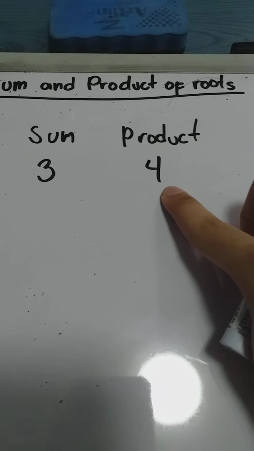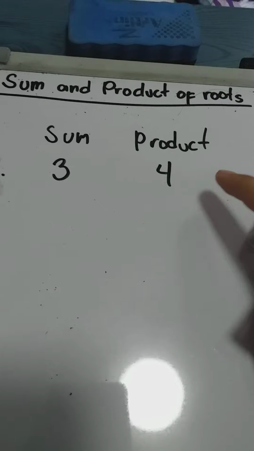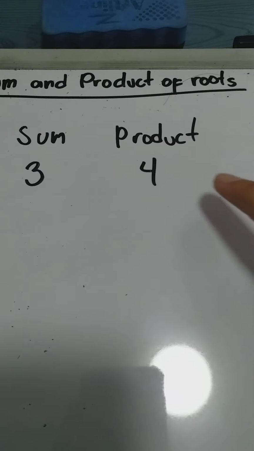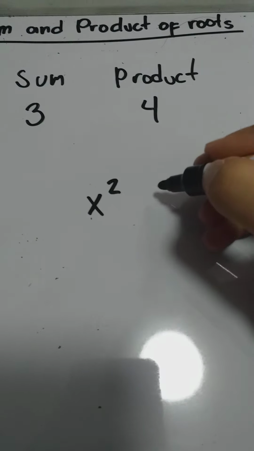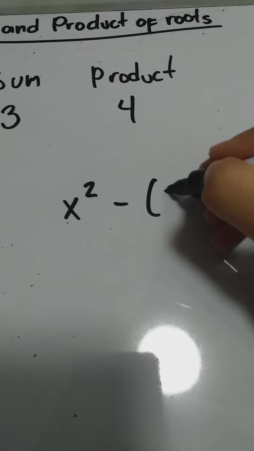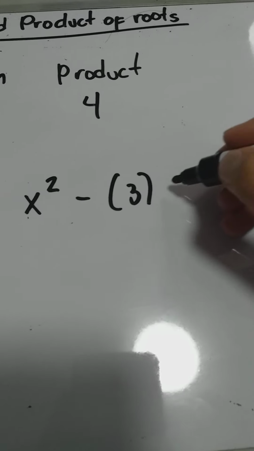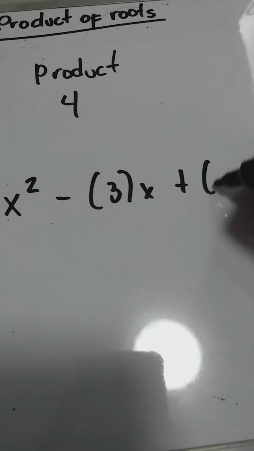Your roots are already added and already multiplied, and this is the answer. So to follow the equation a while ago, this was the sum, 3x plus 4.